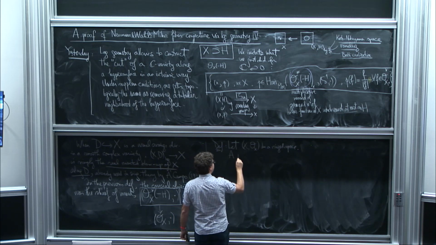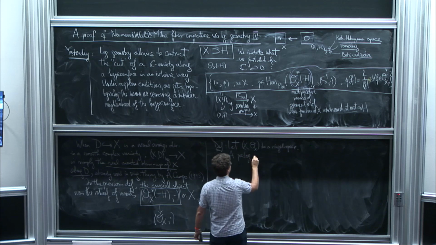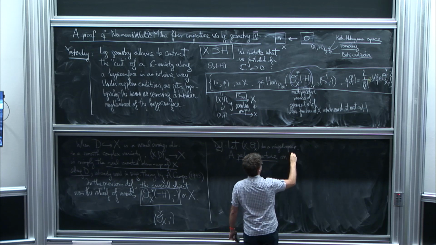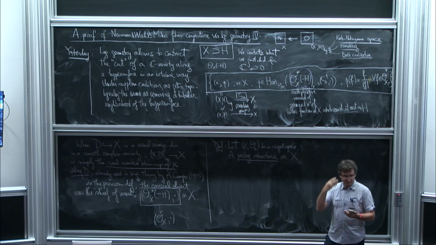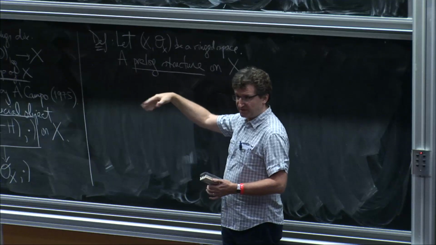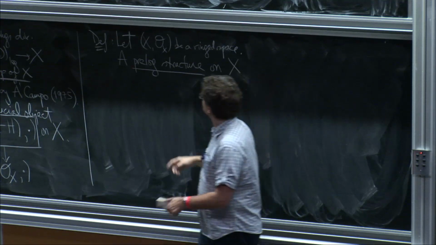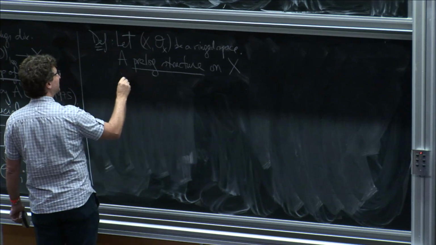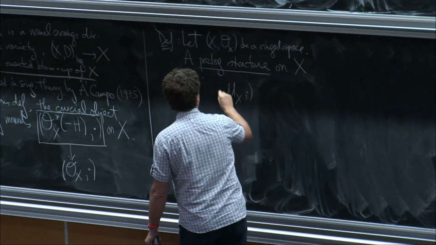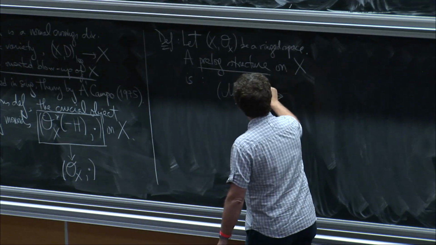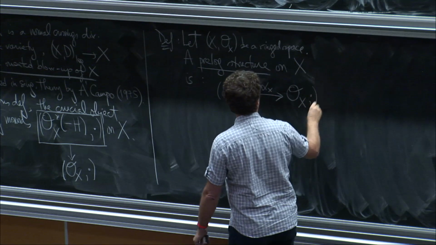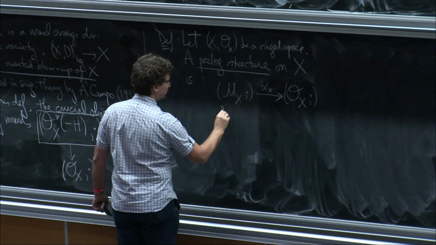So, a pre-logarithmic structure on this space, which has to be thought of as a ringed space, on X is the following object: M_X with a multiplication, with a map alpha_X to O_X with multiplication, where this is a sheaf of monoids.